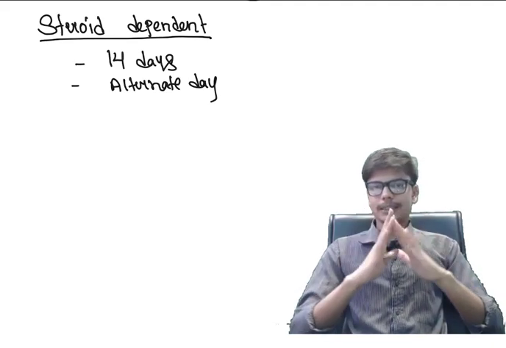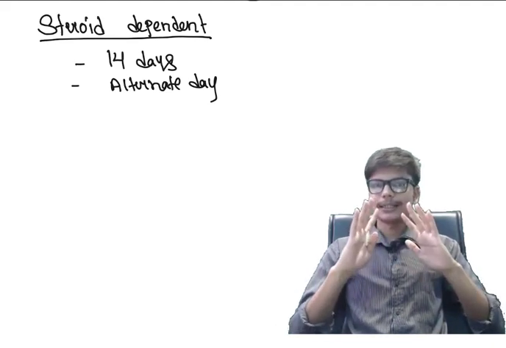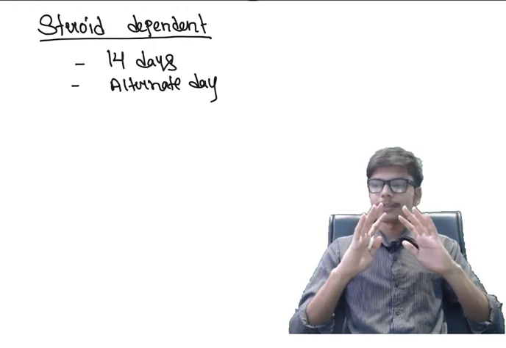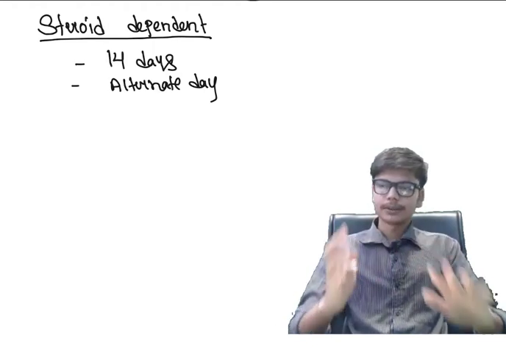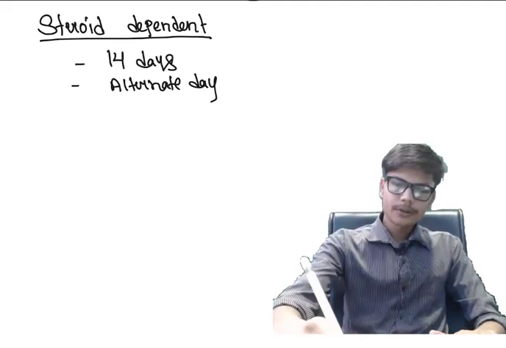So this type of patient is known as steroid dependent nephrotic syndrome, and this requires long term alternate day steroid therapy. So these are the basic patterns of relapse: the frequent relapser, the infrequent relapser, the steroid dependent, and the steroid resistant.